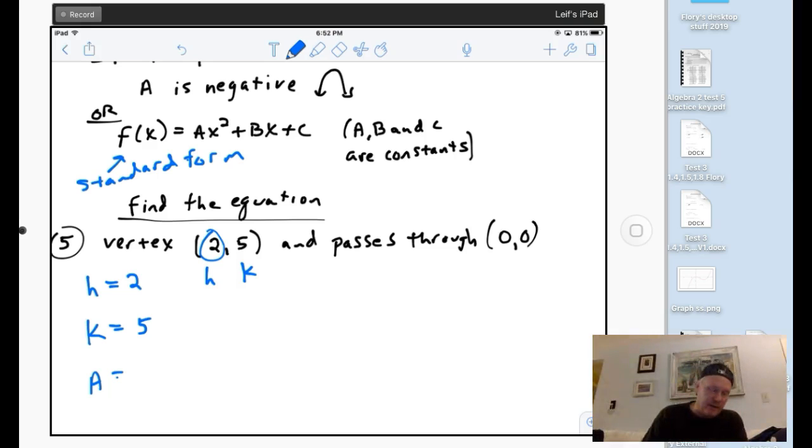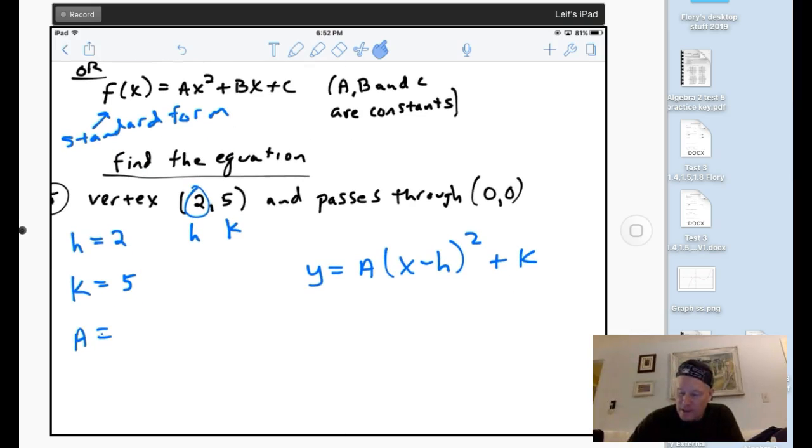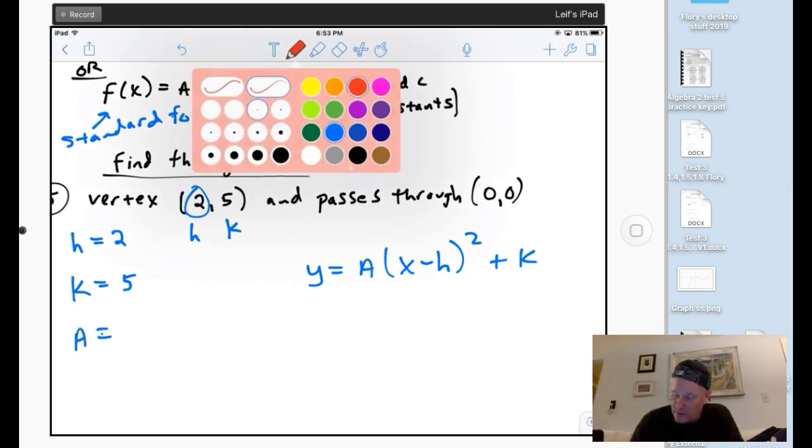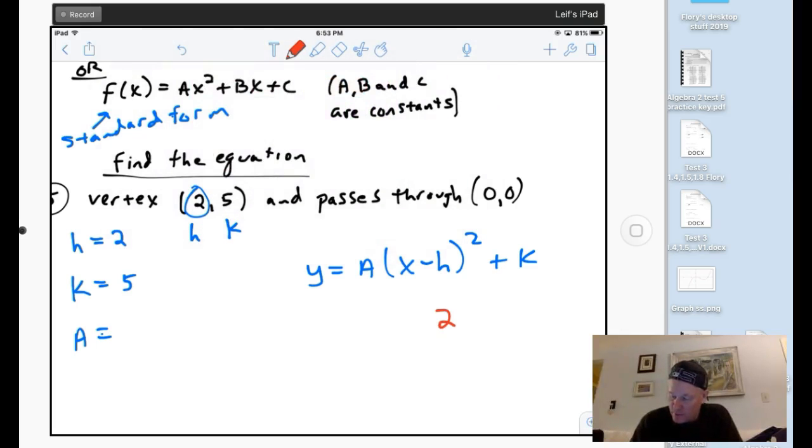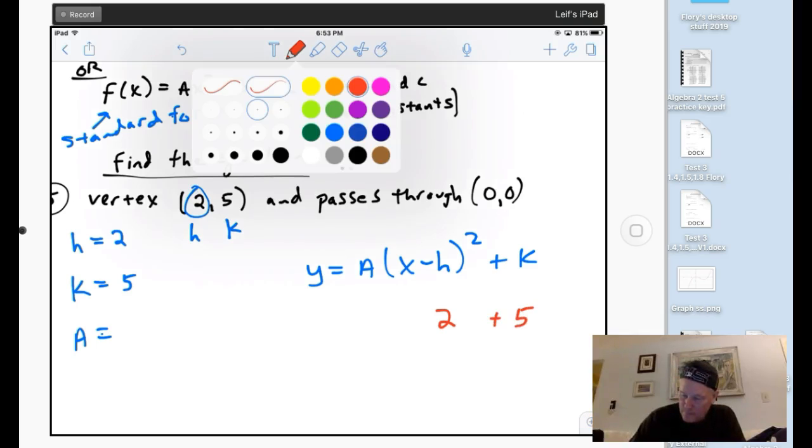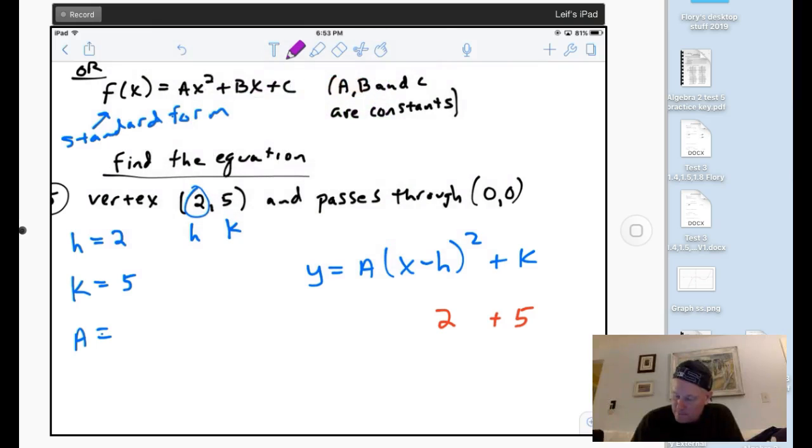Now I need to find out what a is, which means, you know, they all fall into this form, okay? And I got a couple of points. I can plug in h is 2, k is 5, and I'm trying to find what a is.